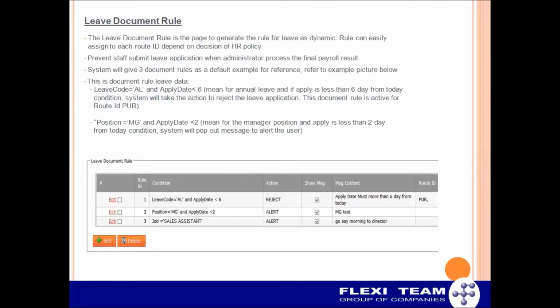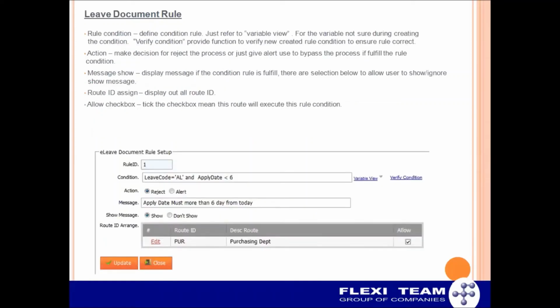This is the so-called rules, so that the company has control over the leave code rules, which leave code the user can apply for and how many days before. This depends on the company policies, so that the company can have control of this. So as you see, this is the rule condition.